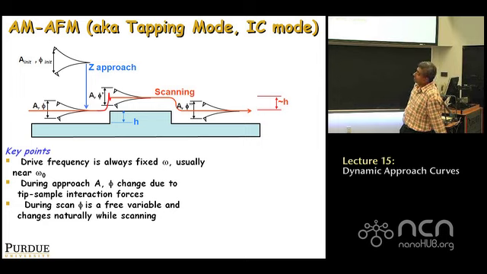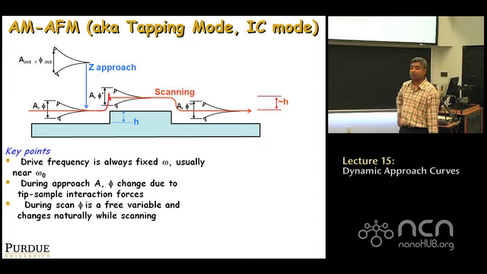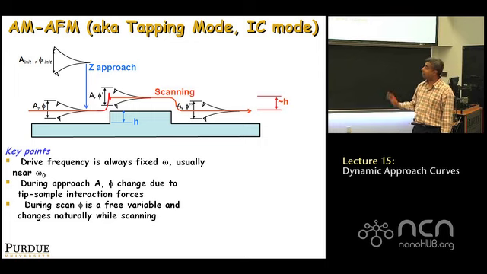This is what happens in tapping mode, because in tapping mode, you always keep the drive frequency fixed as you approach a sample. When you do frequency modulation, you don't do that. You actually change the drive frequency as you approach a sample. But in tapping mode or amplitude modulation, drive frequency is fixed.